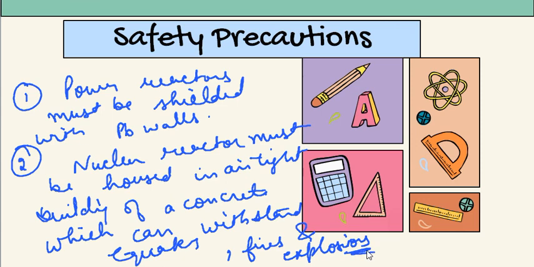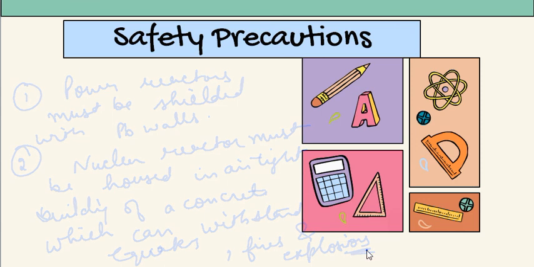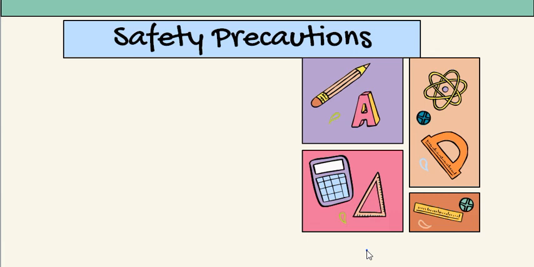And moreover, there must be a backup of the cooling system for the reactor core, so that in case of failure of one system, the other cooling system could take over and the core is saved from overheating and melting. So there must be a backup of the cooling system.